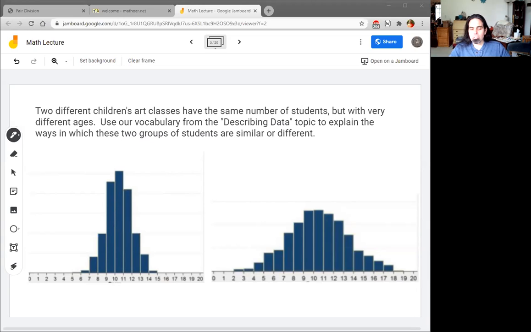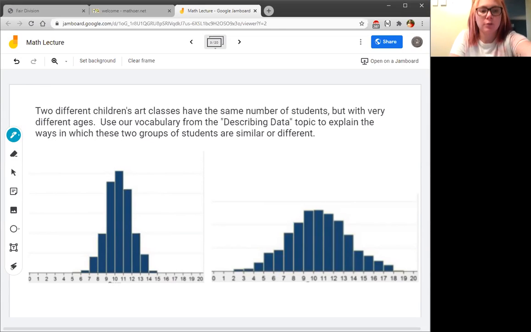Should I be more clear? Someone give me just one of our jargon terms about describing data. I'm sorry, can you repeat the question of what you wanted us to do? Sure. What's just one of the jargon terms about how we describe data from last midterm?